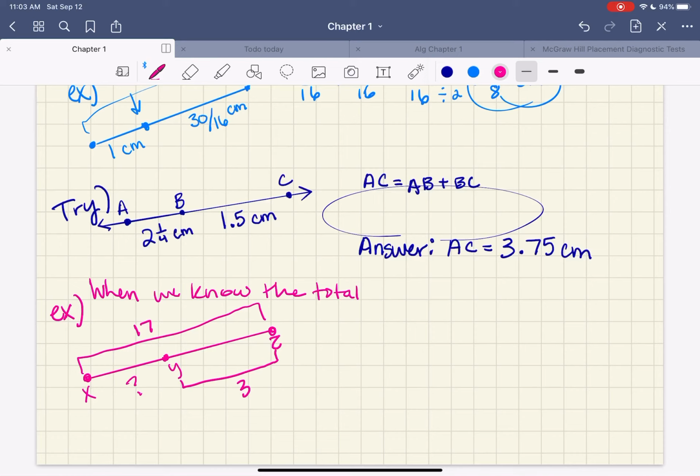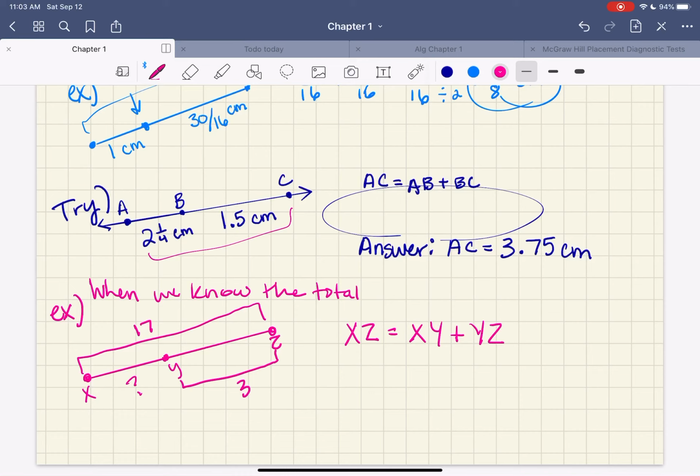And we're going to do it the same general way, but that's part of the reason that it's so important to be putting this original equation up there, even for things that seem straightforward like this, because we want to get in the habit of putting our original equation up there. So this one's going to be like XZ equals XY plus YZ.